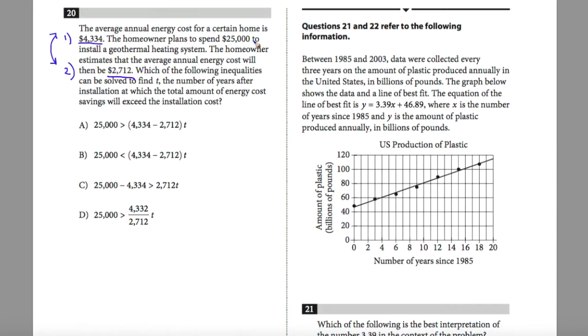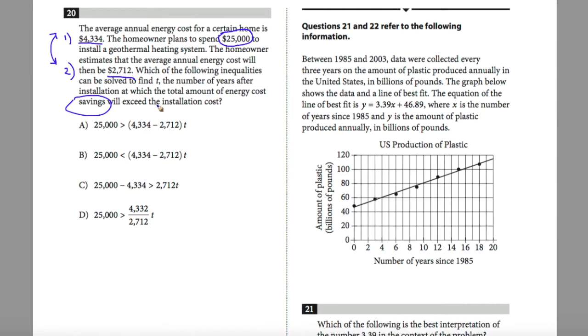He's making a large investment early on to save more money in the long term. Which of the following inequalities can be solved to find T, the number of years after installation at which the total amount of energy cost savings between them will exceed the installation cost?